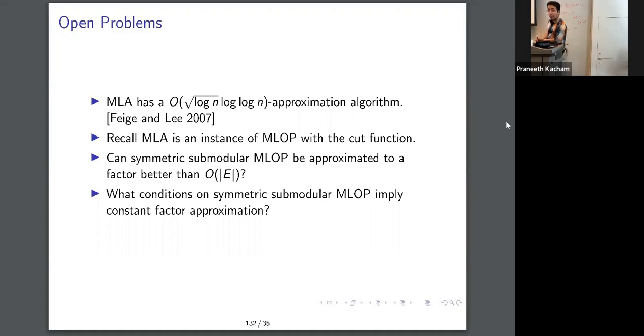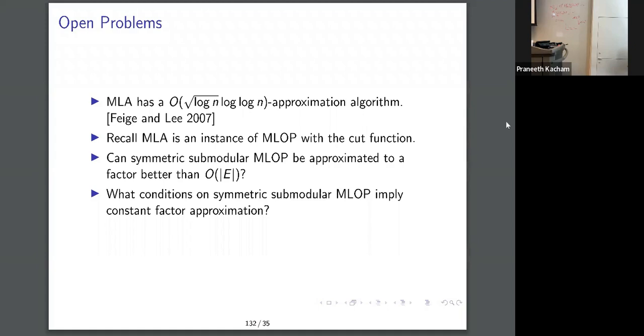There aren't any hardness of approximation results for MLOP. For MLOP, for example, submodular, exactly, that's interesting. Is it harder to approximate them? No. Do we know this log n curve for MLA? I don't think so. That's also not tight.